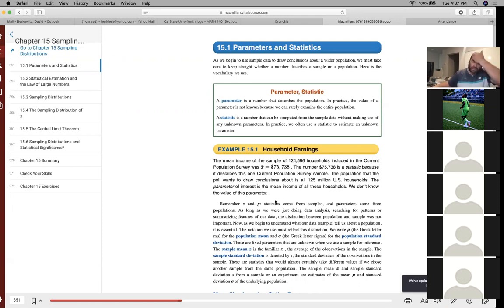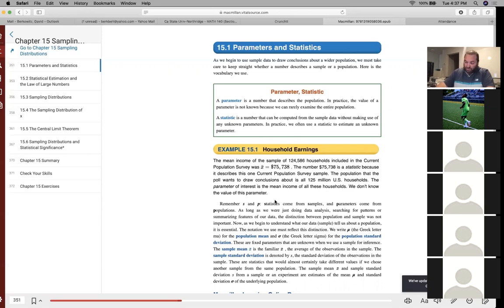So, in this class, we are going to focus the majority of our time on two situations. Knowing X bar, but wanting to know mu, the mean. So situation one is knowing the sample mean, the average of my sample, and wanting to calculate the actual mean of the entire population.